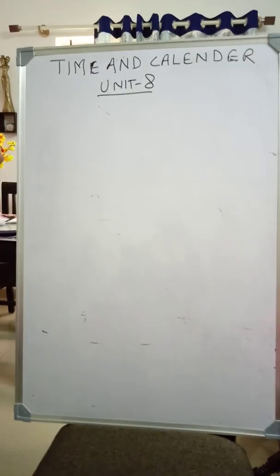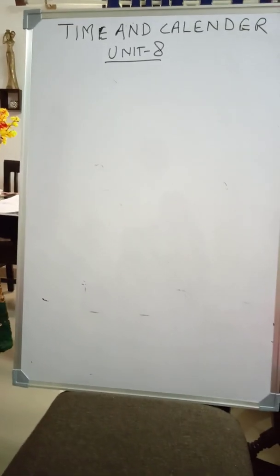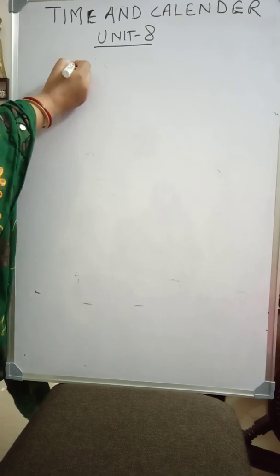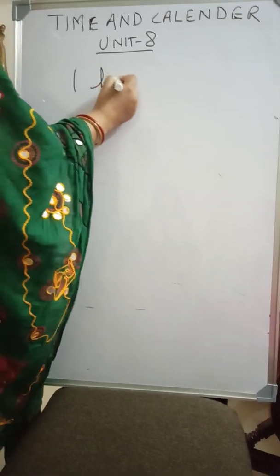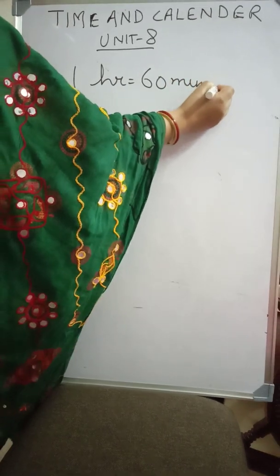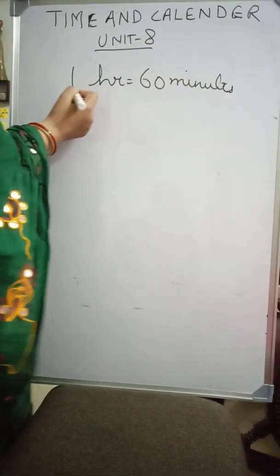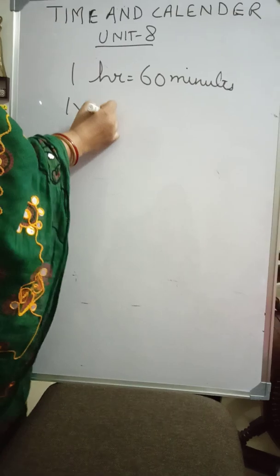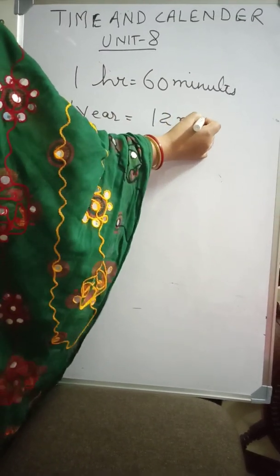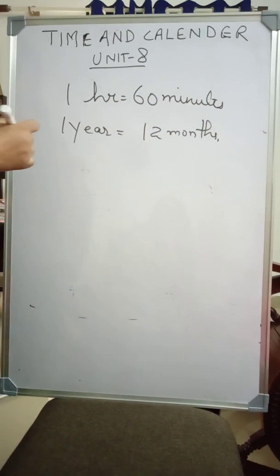Now let us start. All of you know that 1 hour is equal to 60 minutes, and 1 year is equal to 12 months. Now let us recall.